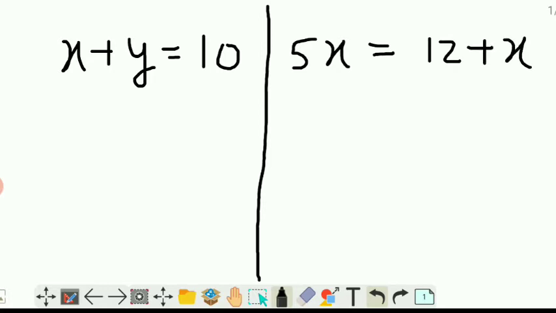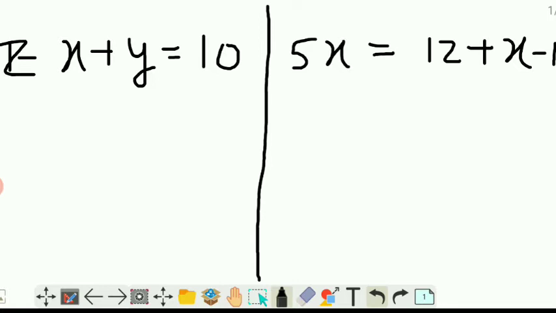So see, two examples in front of you. Now we are going to find out the solutions for these equations.